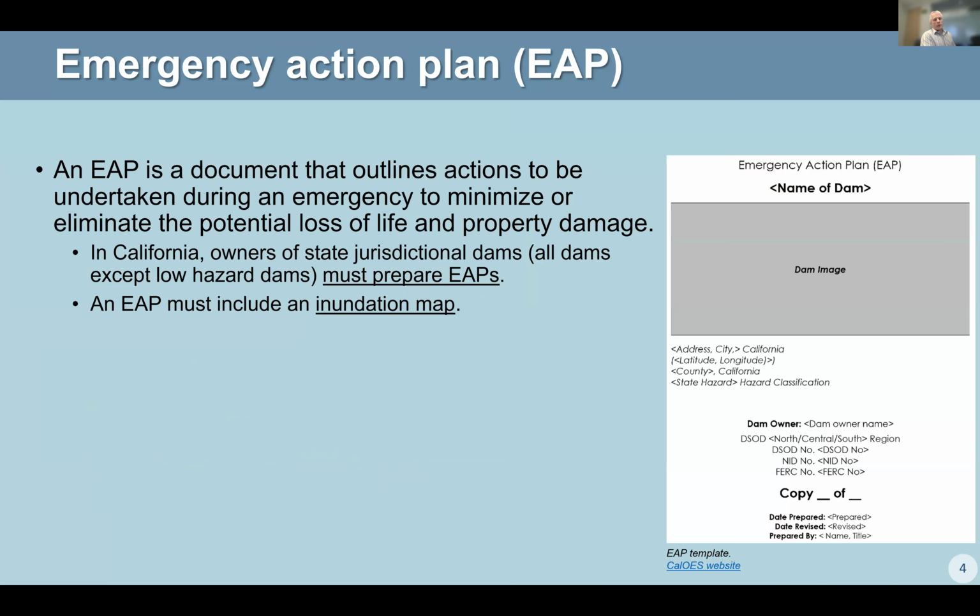And the thing that we're really interested in today is that in that emergency action plan, you have to have an inundation map. That inundation map would describe approximately what area would be flooded if the dam were to fail.